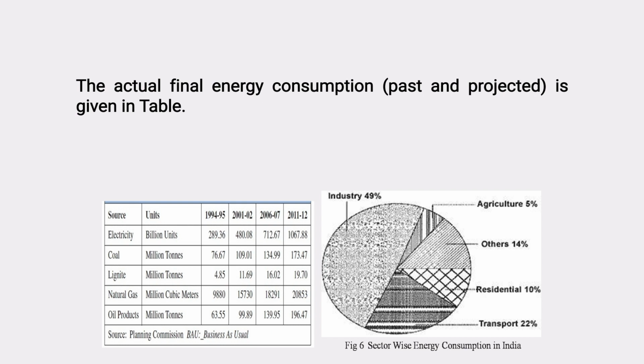The major commercial energy consuming sectors in the country are classified as shown in the figure. As seen from the figure, industry remains the biggest consumer of commercial energy and its share in the overall consumption is 49%.